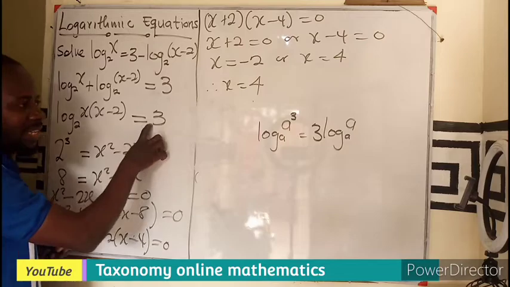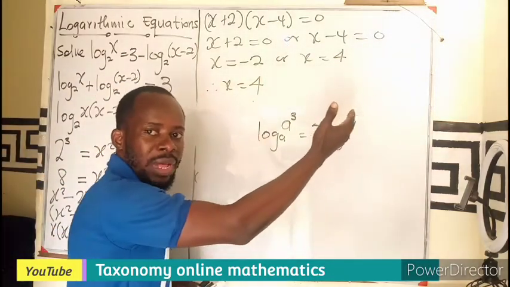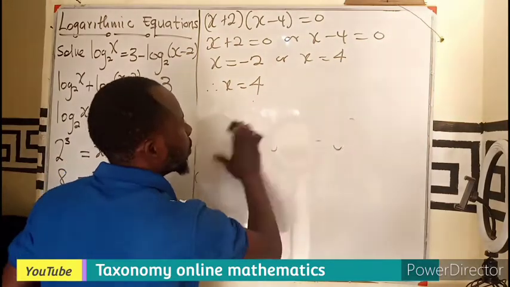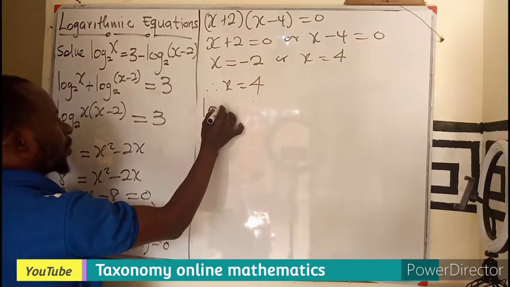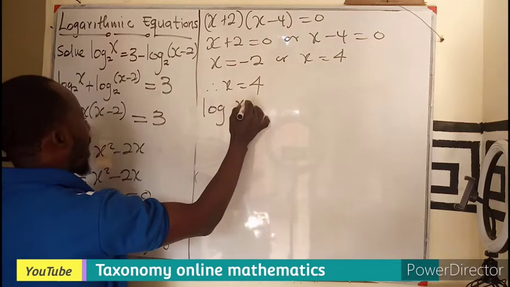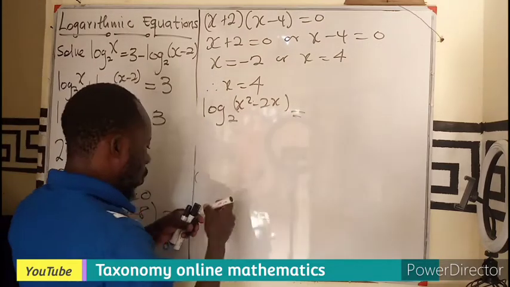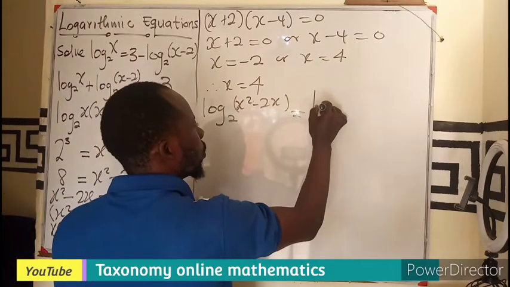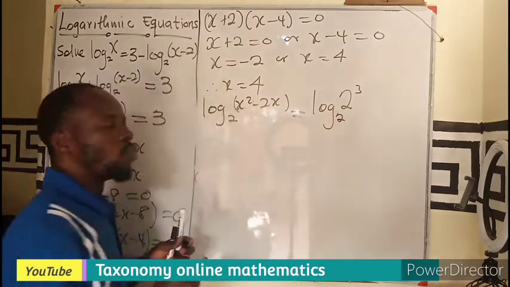I can convert this to become a logarithm of equal argument and base. So in this case, this is going to be log x squared minus 2x base 2 equals log 2 exponent 3 base 2.